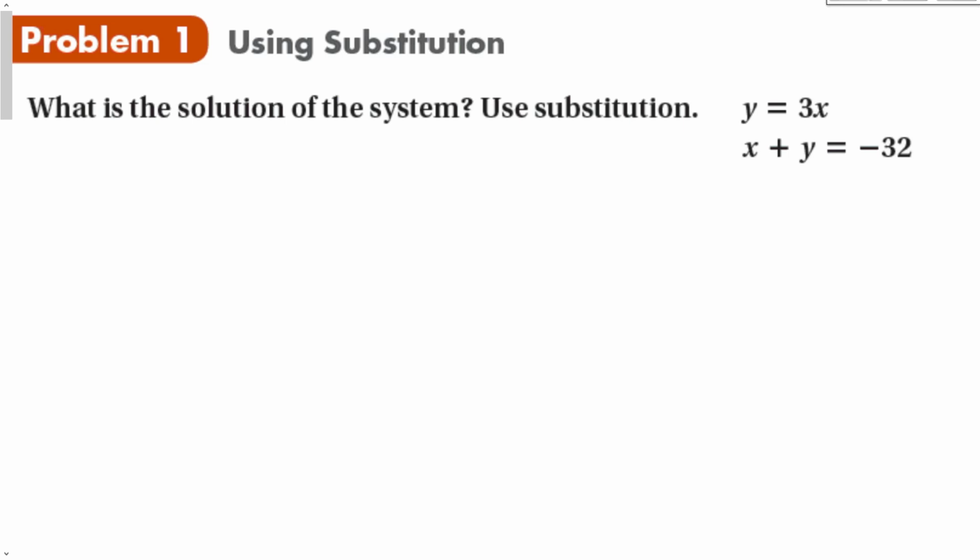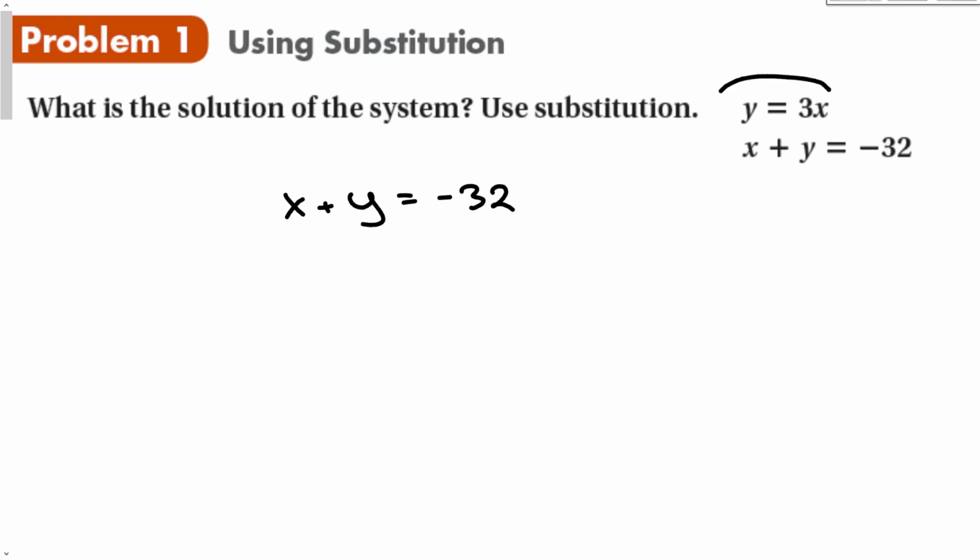Now, because I know that y is equal to 3x, I can use that information to help me solve this next equation. So x plus y is equal to negative 32. Well, I can't solve that because it has two variables.